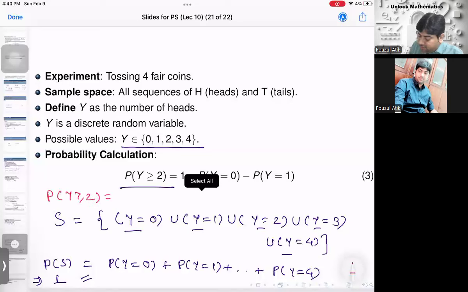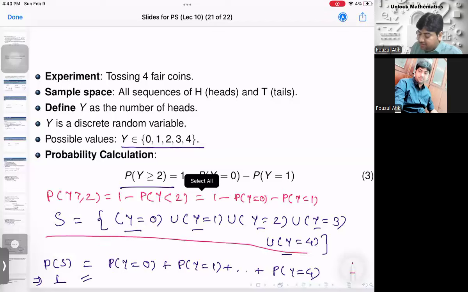It is basically 1 minus P of y less than 2, which is 1 minus P of y equal to 0 minus P of y equal to 1. This is happening because S is the sample space, and all the random variable values together give you the sample space, and they are all mutually exclusive.